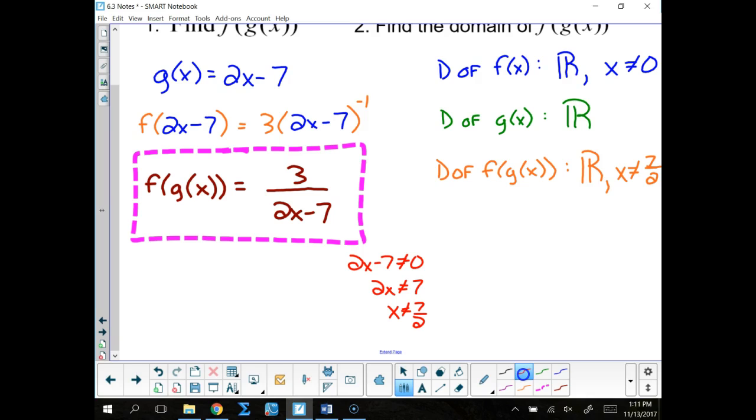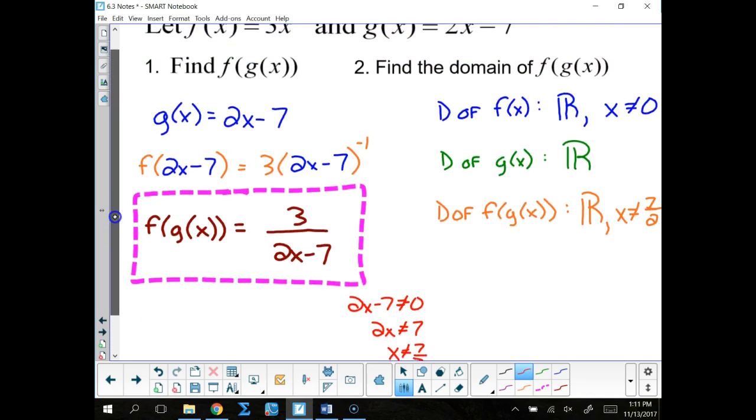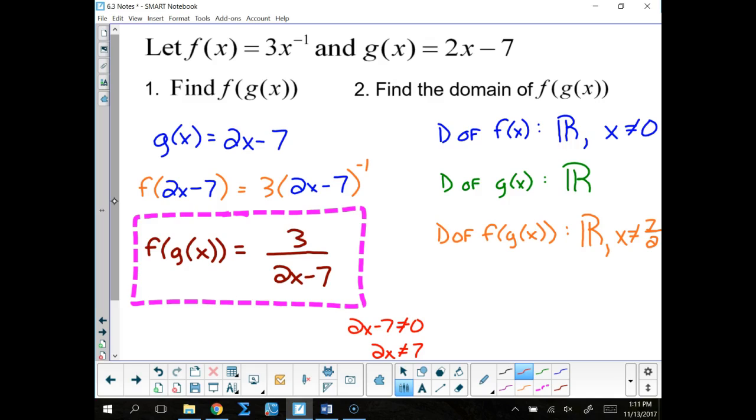Okay, now, there used to be a game show on TV called the $64,000 question. The $64,000 question is, what is the domain of f of g of x? Or the domain of the overall thing? All real numbers. Oh, that was going to work.